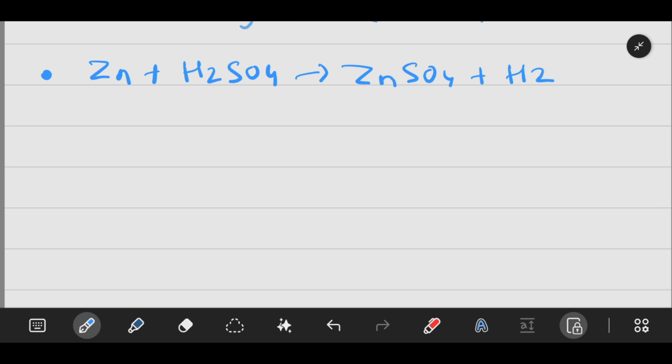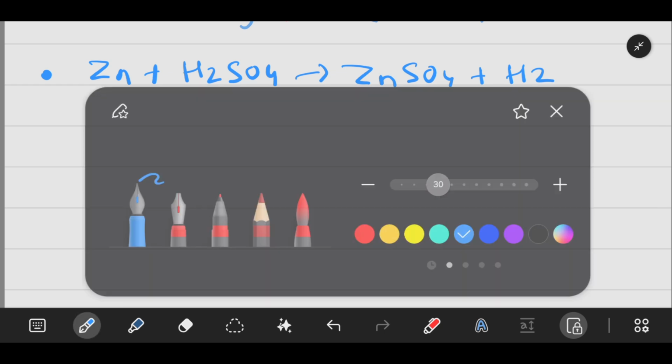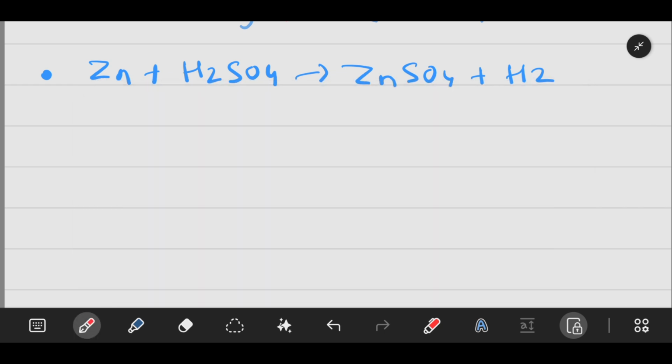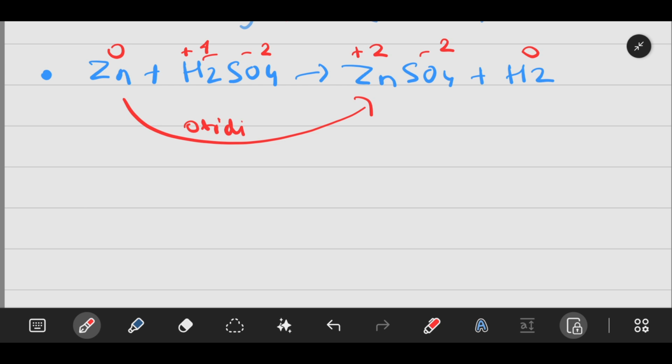So now we need to know the oxidizing agents, but we need to find out what's being oxidized, what's being reduced over here. So hydrogen is 0, zinc is 0 because of elements. Sulfate is present on both sides, so it will be a -2. This is a -2, zinc is a +2, and hydrogen is a +1. So zinc is being oxidized and hydrogen is being reduced.